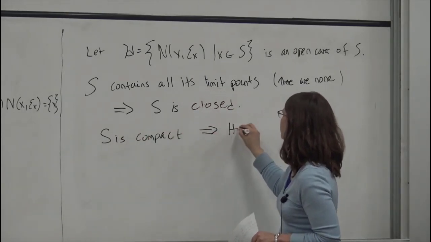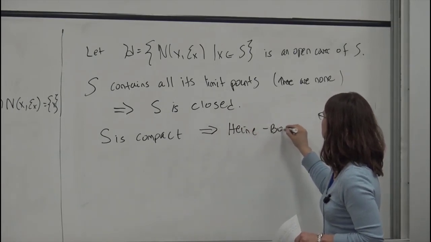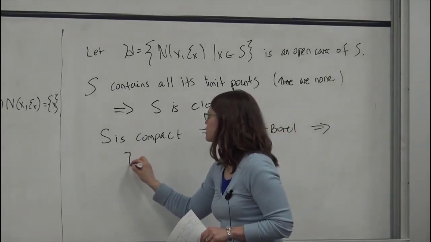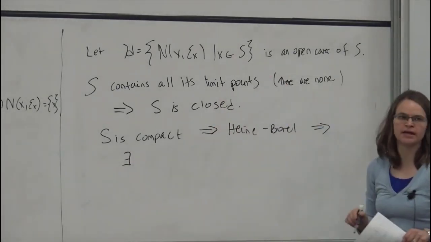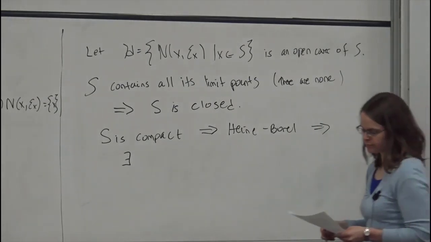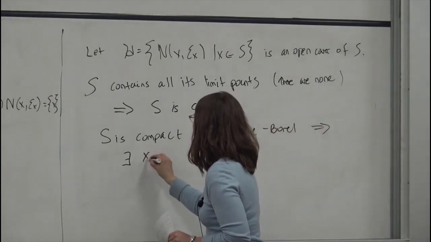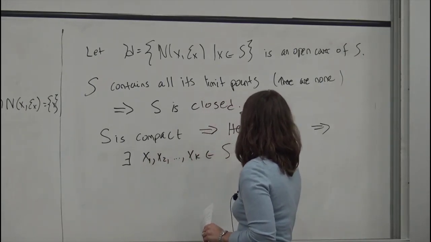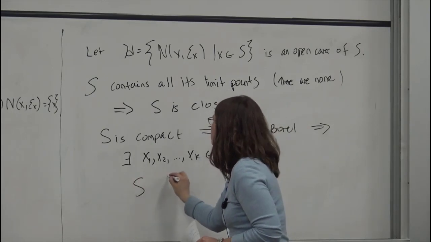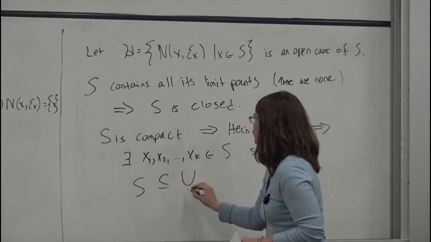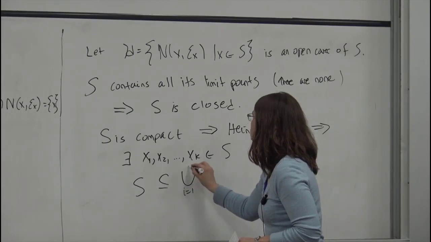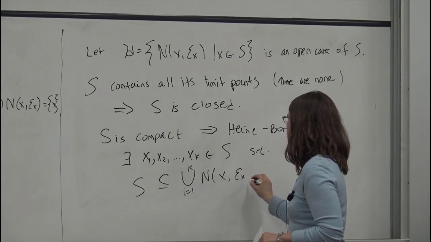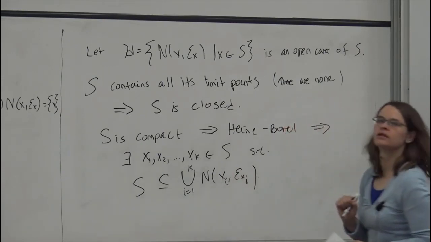So by Heine-Borel, we should be able to extract finitely many of these. It means that there should exist x1, x2, some finite collection, such that S is contained in the union of this finite collection of open neighborhoods.